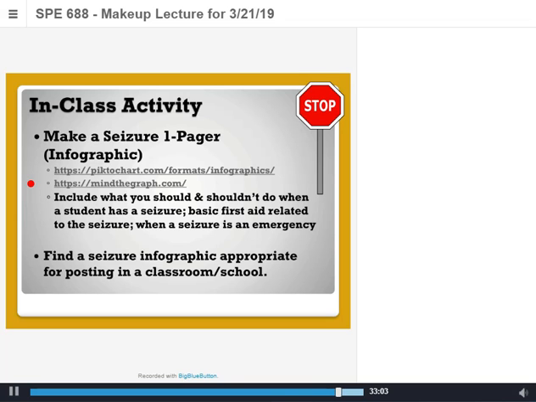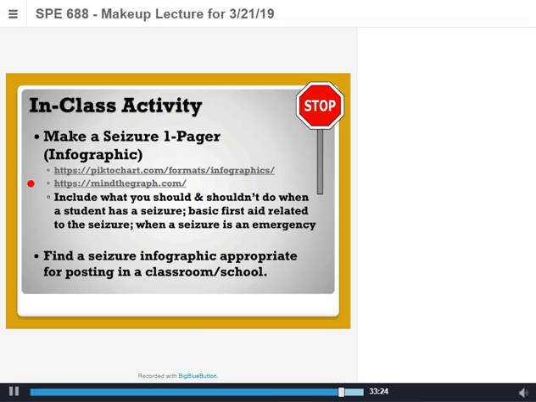Again, if I were making this to hang on the wall like a poster, I definitely wouldn't put his name, but I would tweak the infographic a little bit so that it did contain all the things that I know he needed. But there are lots and lots, especially for seizure disorders, already made up infographics.